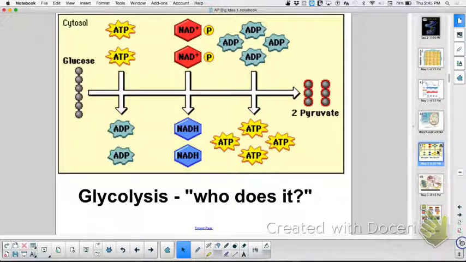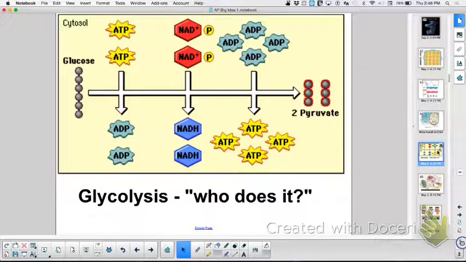Fermentation, two strategies in fermentation. Yeah, lactic acid makes our muscles sore, right? Alcohol. And what you end up doing is the NAD is reduced, so you oxidize it. So you take the pyruvate and you reduce it either to lactic acid or into alcohol.